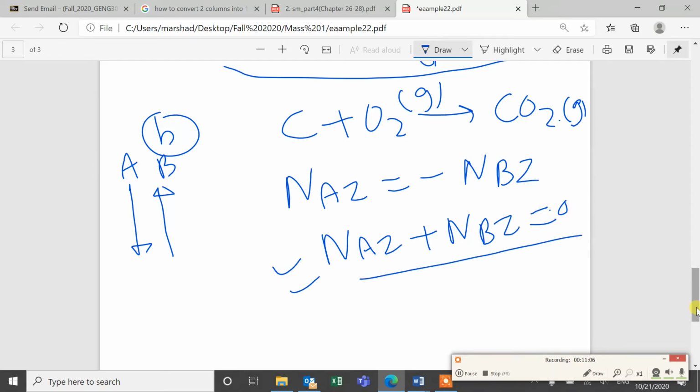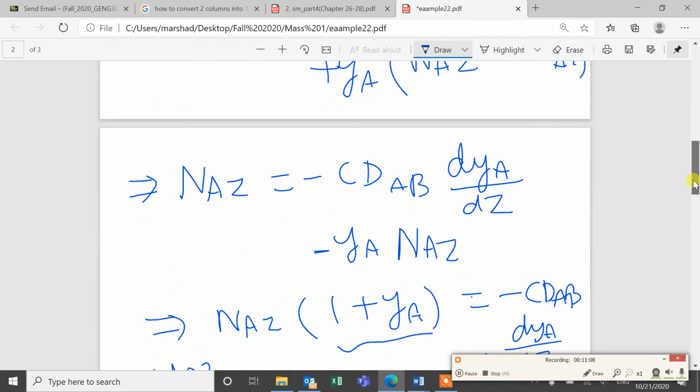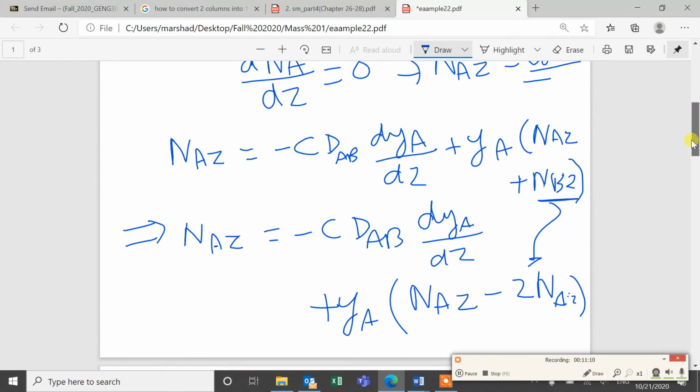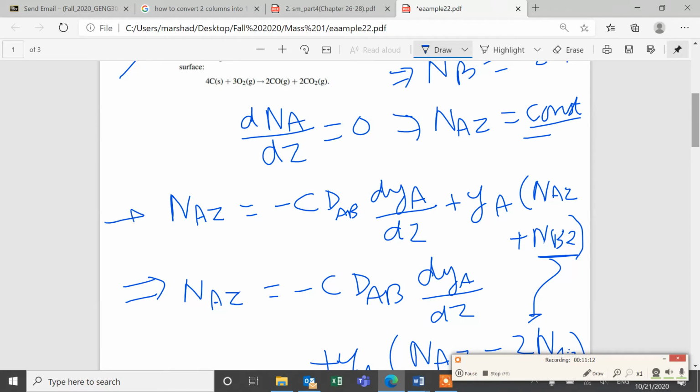I want you to reduce this equation. Since NAz plus NBz is 0, this whole term will be 0, and then you have only this one. So integrate this to solve.